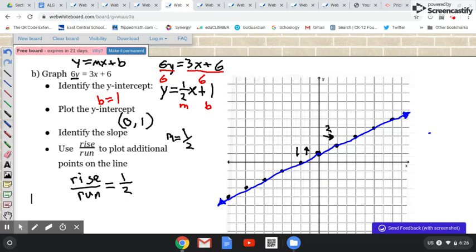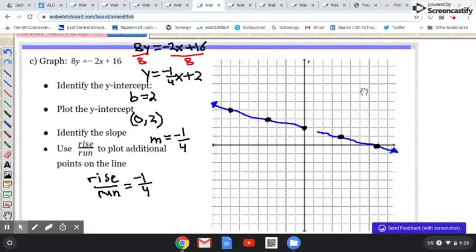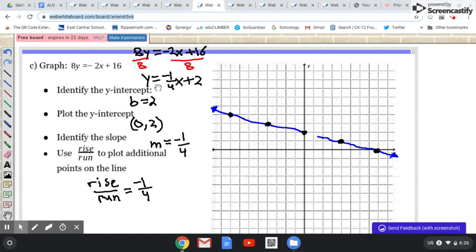Okay, hopefully you've tried part C on your own, and this is what I got. So here's example C. If you completed this one on your own, please check your work. Our first step, we had to put it into y equals mx plus b. It was not in slope-intercept form, so I divided both sides by 8. We have y equals negative 1/4 x plus 2.